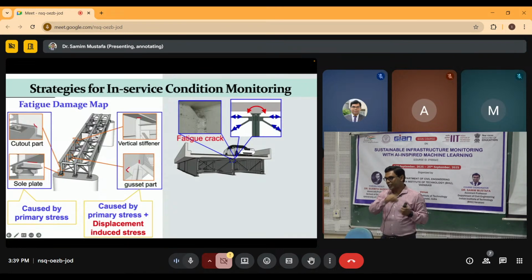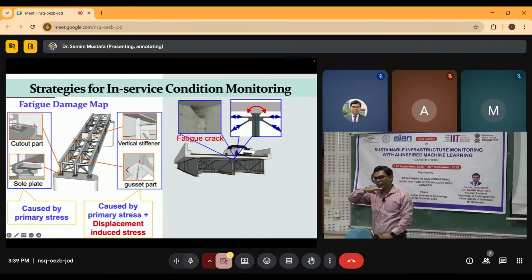Vehicle is moving here and then another vehicle going there. So it is vibrating, above the baseline some load cycle, below the baseline some other load cycle. So reversal of stress is occurring. Okay, so that is the problem.